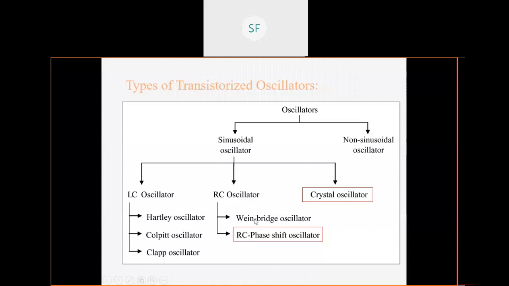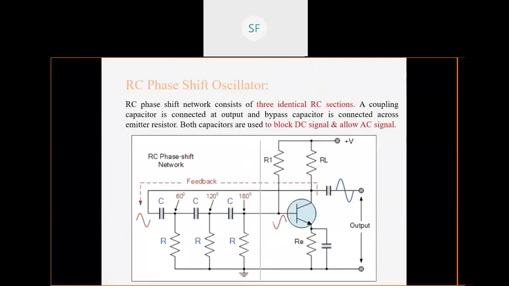In that respect, the crystal oscillator is better; it is more stable than the RC oscillator as well as the LC oscillator. And generally in your mobile, laptop, computer or microprocessor, only crystal oscillators are used. You should remember this.